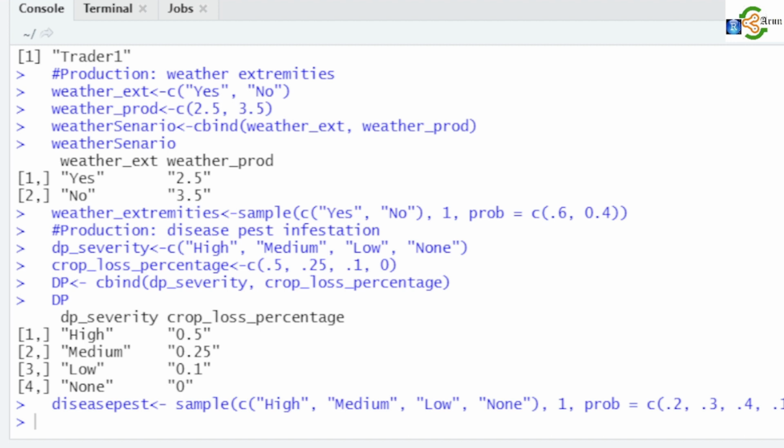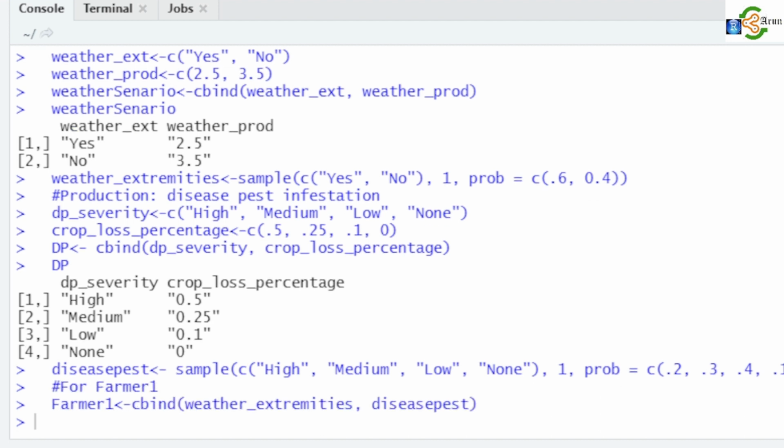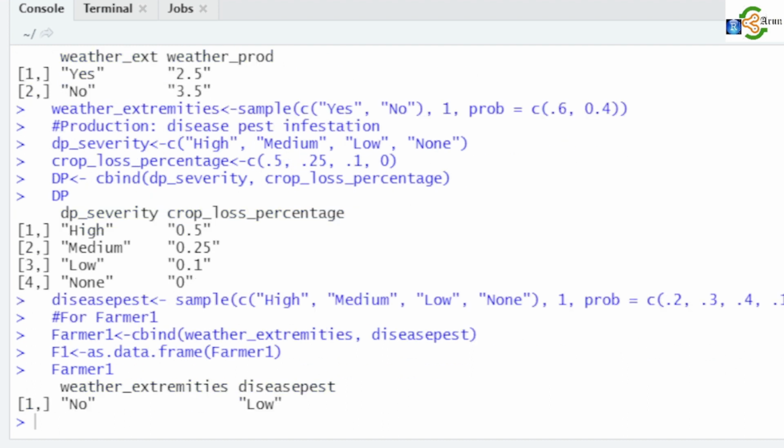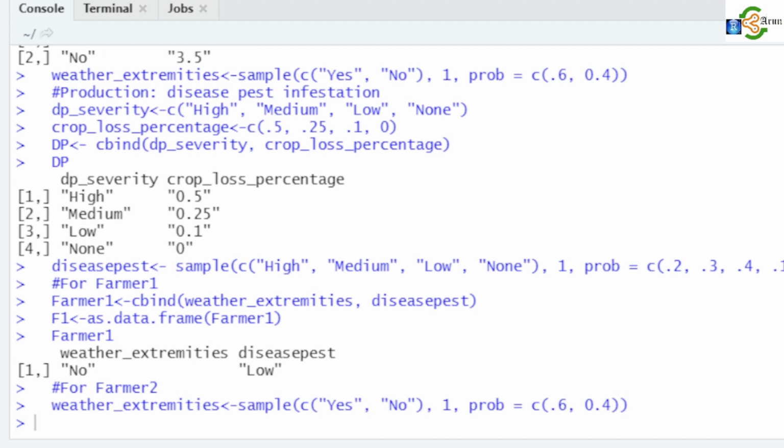So let's do the simulation for farmer one. You can see here we have already drawn some samples for the weather condition and the disease pest conditions. Your farmer one is lucky at this moment because there are no weather extremities and there is a very low level of disease pest infestation. What about farmer two? Let's see.